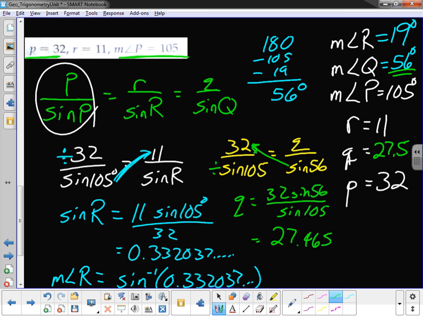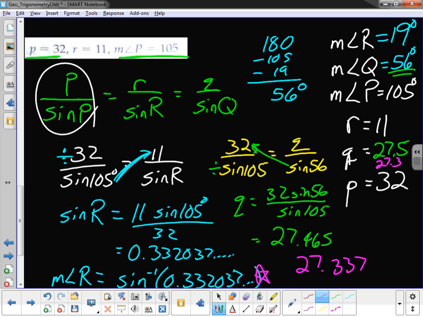If I didn't use the rounded value and used the whole angle that I had down here, I found 27.337, so it would say 27.3. In this particular case, if you're in that ballpark for the side length, I'm going to give you credit for it. So that is how you use the law of sines to solve any triangle.